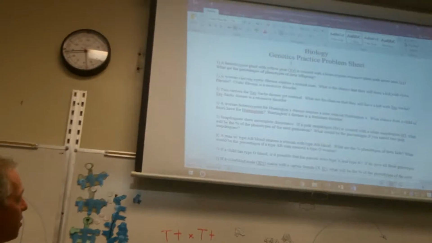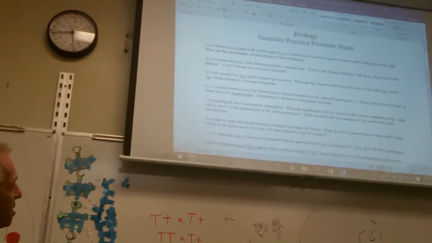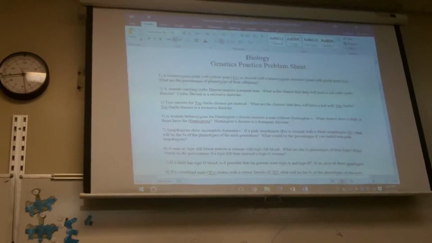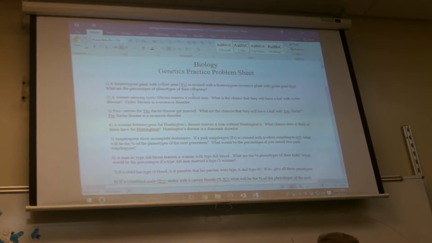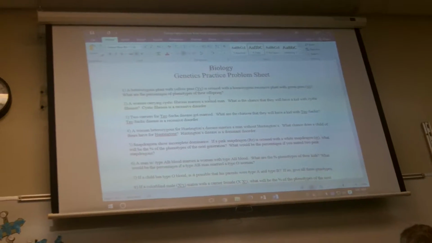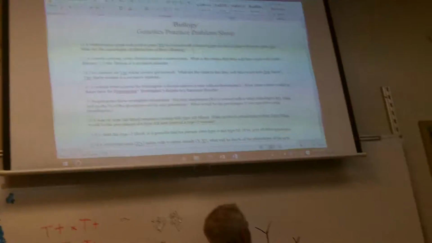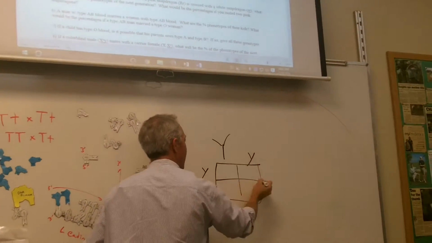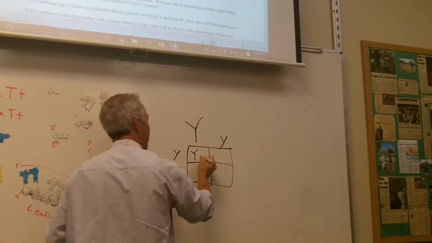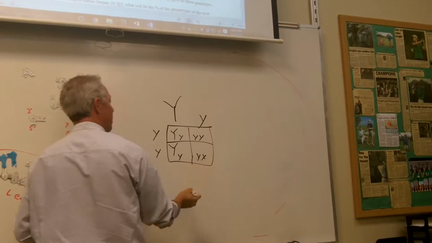For instance, this first one: a heterozygous plant with yellow peas, big Y, little y, is crossed with a homozygous recessive plant with green peas, little y, little y. What are the percentages of phenotypes of their offspring? That's just simply a Punnett square. Big Y crossed with little y gives big Y little y, little y little y, big Y little y, little y little y.